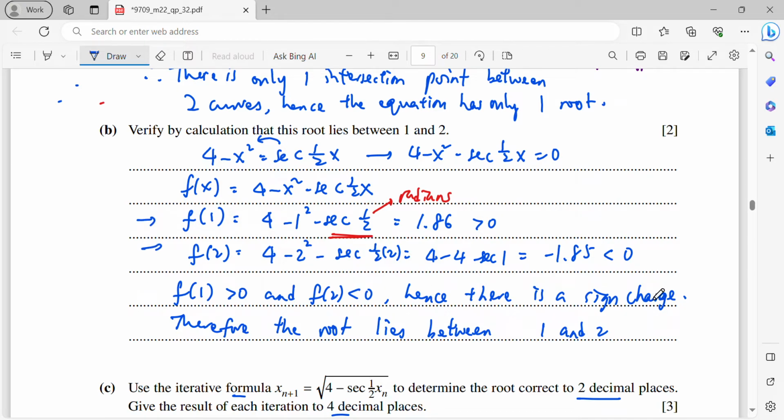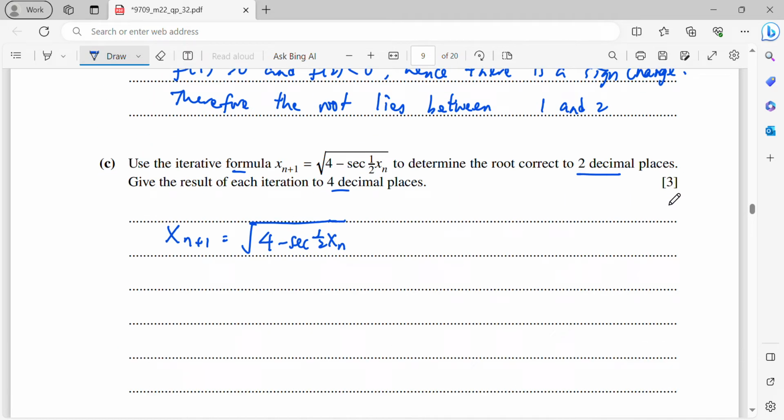So your initial guess can be any value between 1 and 2, or probably you can just take 1 or 2. I will always take the middle value and let x0 be 1.5. Then I'm getting x1 as the square root of 4 minus sec(1.5/2). Remember, calculate all these values using radians mode.